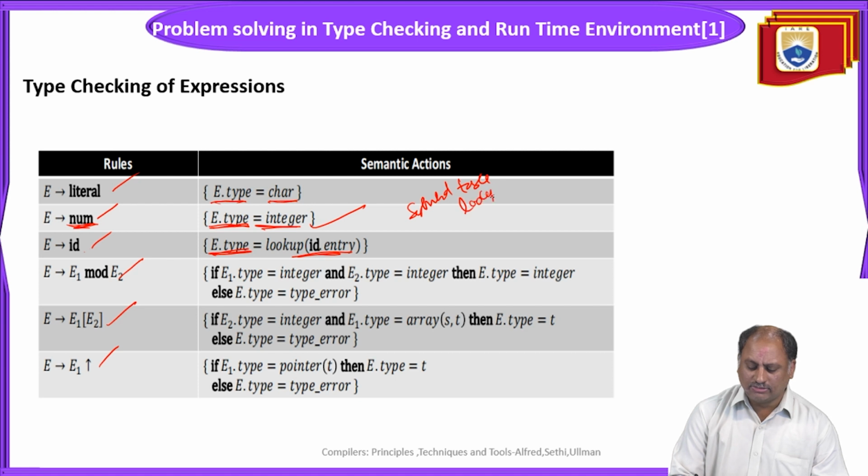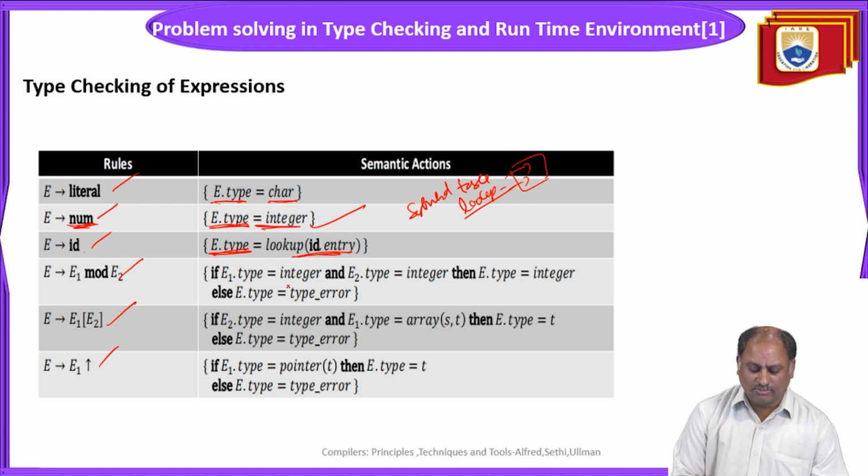This method retrieves the corresponding value, and the retrieved value can be compared with E dot type. If it is of the same type, then we can say that it is valid. If not, then it does not satisfy. Then the other condition, the false case, we will consider. So that is the true case for the expression.